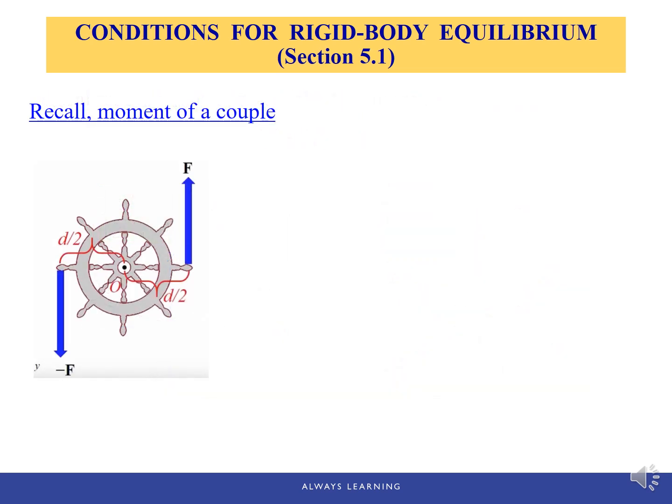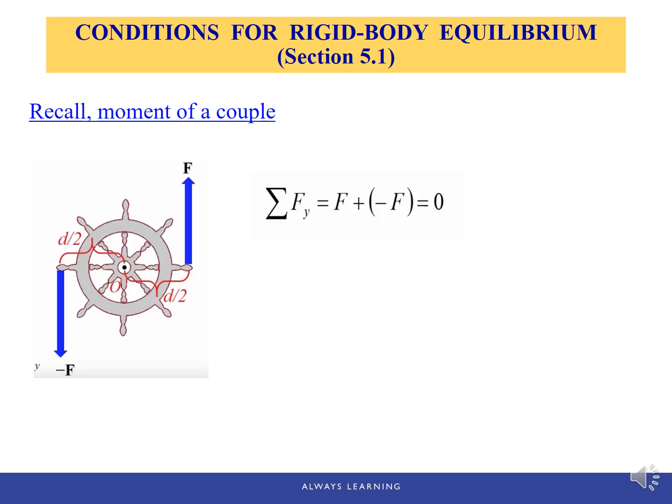However, a rigid body has shape and size, and it may not be static even if the resultant force acting on it is 0. For example, consider the moment of a couple. The two forces acting on this wheel are in equilibrium, but this only means that they don't cause translational motion because the resultant force is 0.